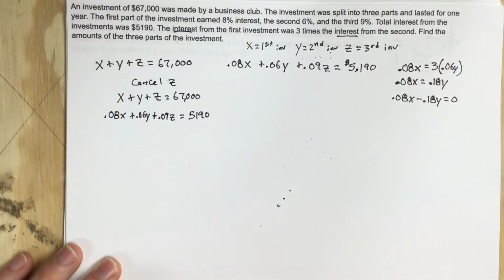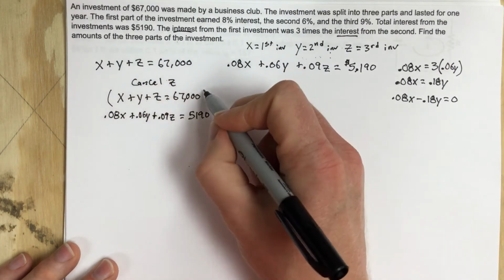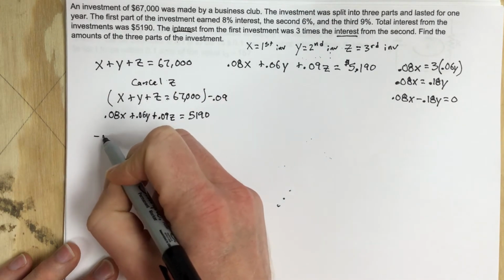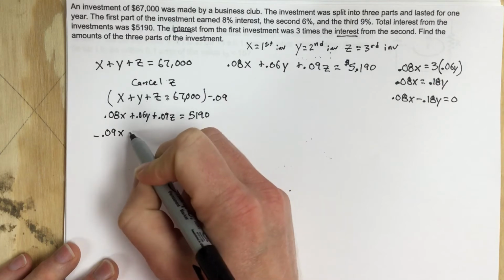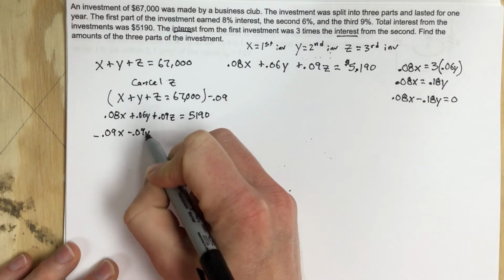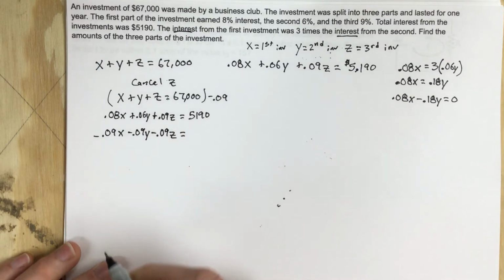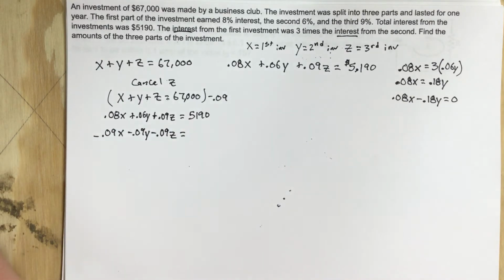To cancel z, I need to multiply the top equation by negative 0.09. Negative 0.09x minus 0.09y minus 0.09z equals, what's 9% of 67,000?